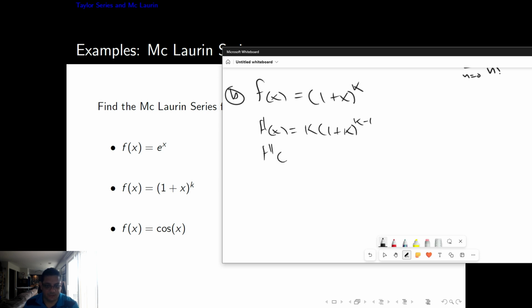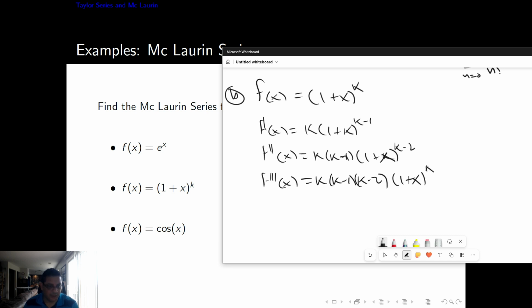The second derivative is going to be k times k minus 1 times (1 plus x) to the k minus 2. And the third derivative is now k times (k minus 1) times (k minus 2) times (1 plus x) to the k minus 3, and so on and so forth.